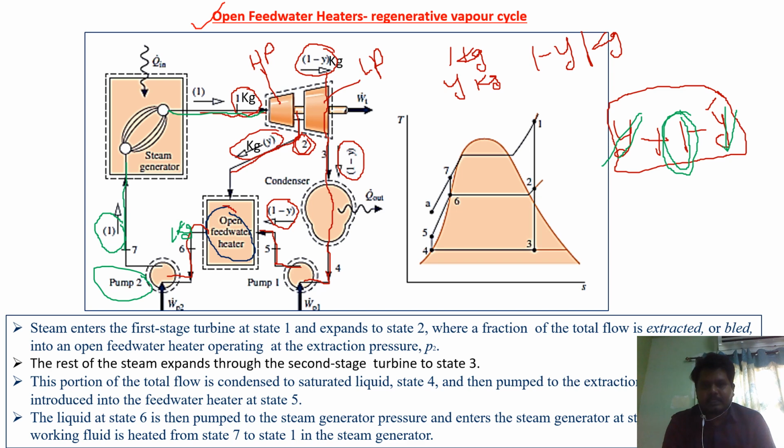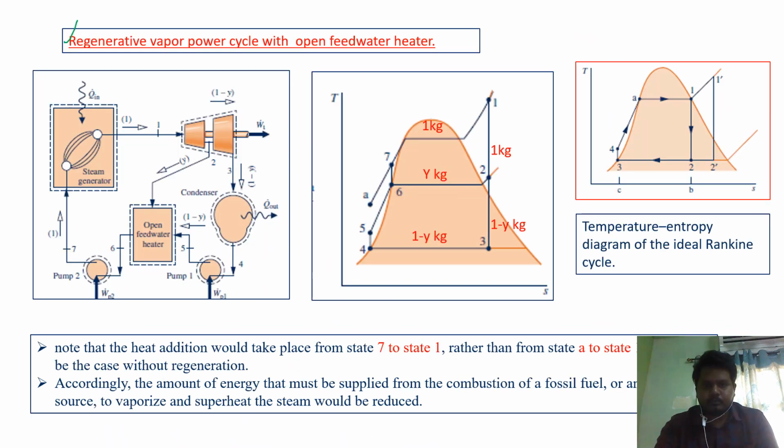Now let us discuss the TS diagram for the regenerative vapor cycle with open feed water heater. As you can see on the TS diagram, the process 1 to 2 is an isentropic expansion process in the high pressure turbine.